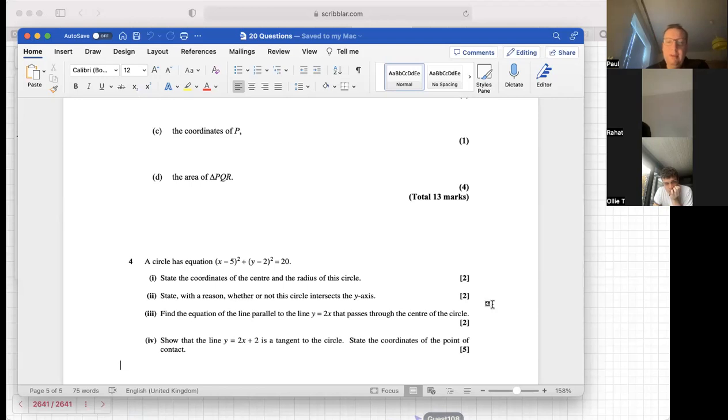State whether or not this circle intersects the y-axis. So how would you figure that out? I'm substituting 0 in for x in the equation, because the circle meets the y-axis when x is 0, and then you rearrange until you get a quadratic in terms of y, which is y squared minus 4y plus 9.